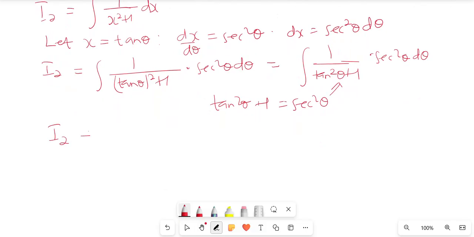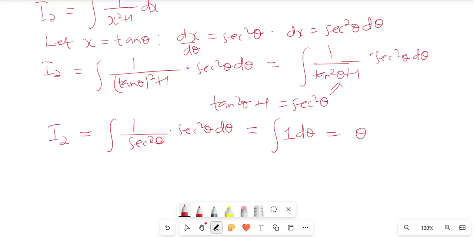So I2 becomes the integral of 1 over secant squared theta times secant squared theta d theta. The secant squared thetas cancel out nicely. We are left with the integral of 1 d theta, which is just theta.